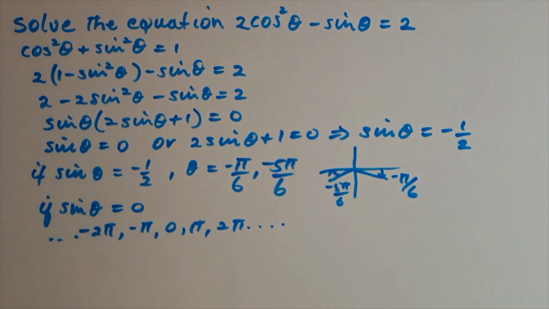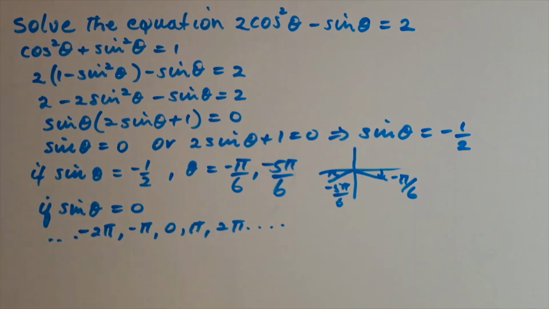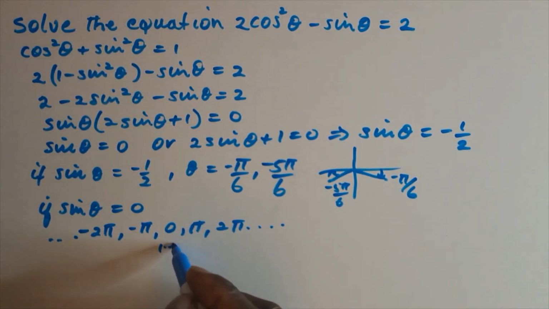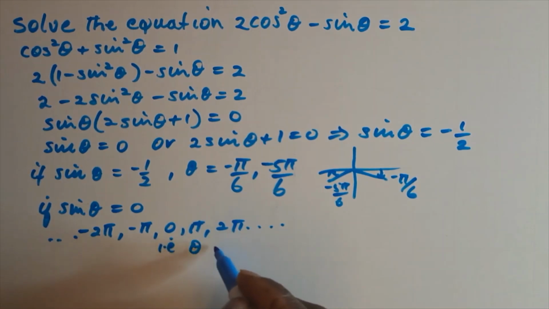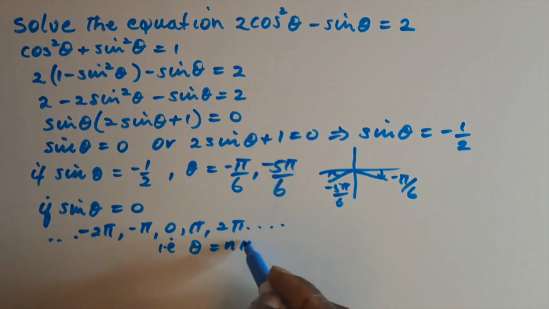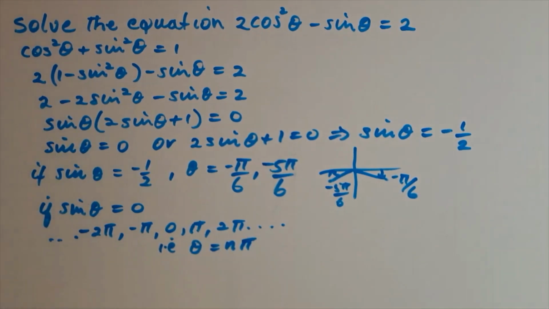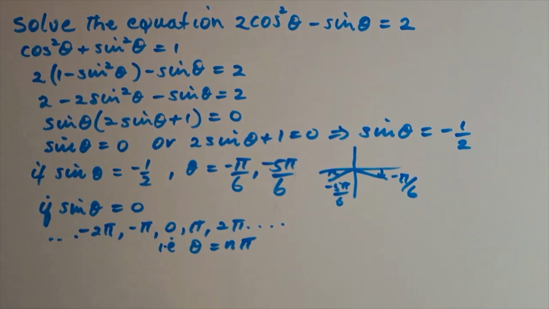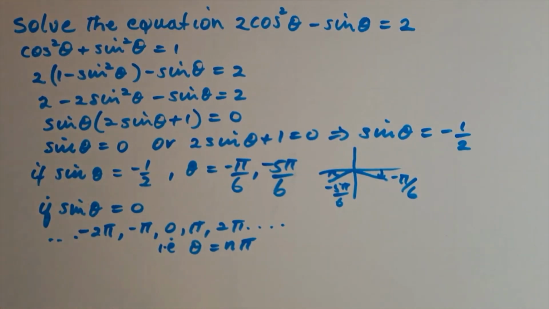And a way to write this is to use a special value. I've covered special values in one of my previous videos on trigonometric functions. Have a look on my playlist. So we can write this as a solution as theta is any multiple of pi, n pi, and n is an integer, in fact, not a natural number, because you can have negative and also positive values for n.